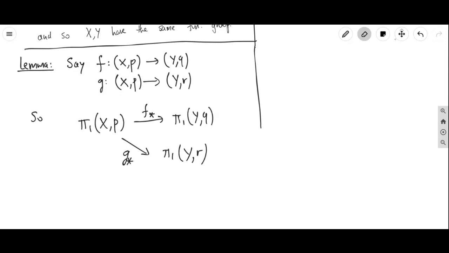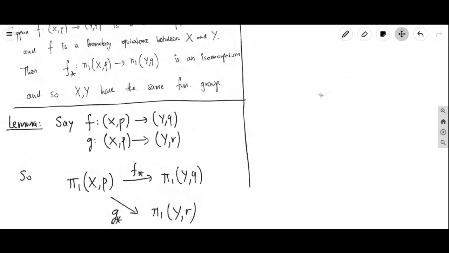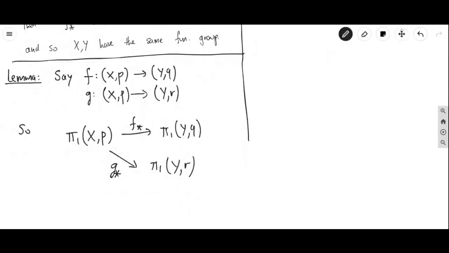Now, you probably recall, so I guess we have to recall something. We've talked about this before, but let's just recall this. So say we have a path, and I need to make up some notation for a path. Let's call it phi.